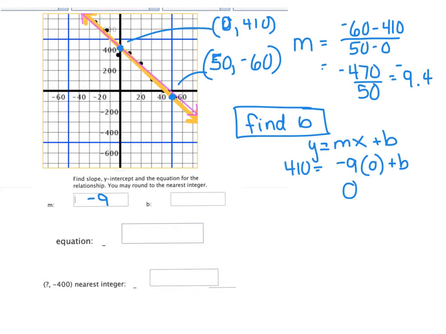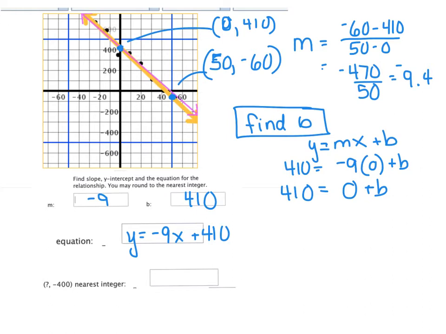Negative 9 times 0 is 0, plus b equals 410, so I know that b is 410, which I already knew. y equals negative 9x plus 410 is the equation of my line.